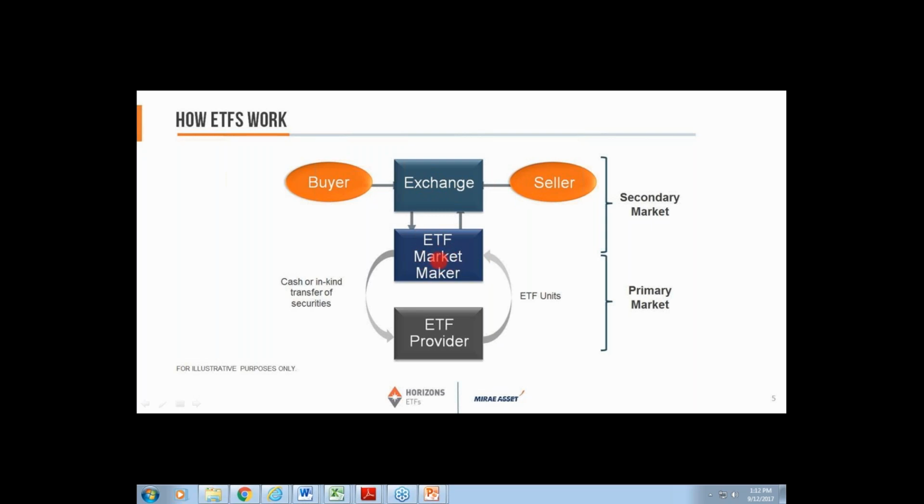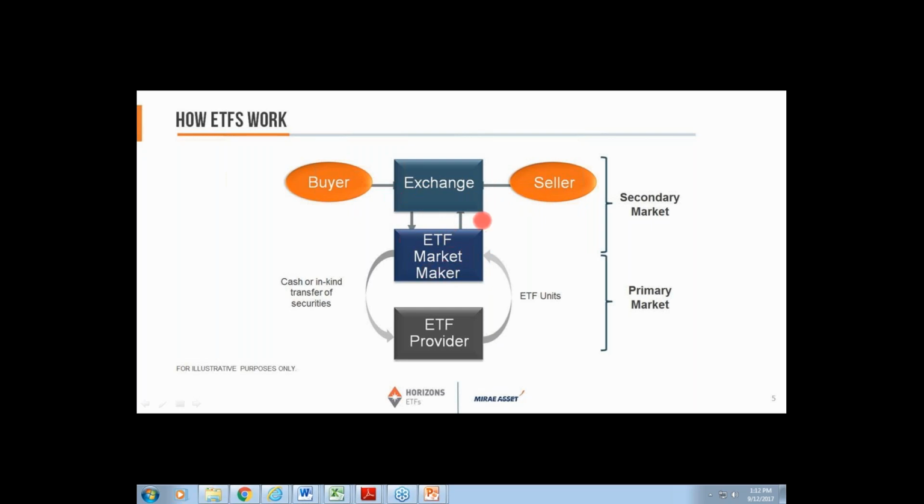And this is a large capital markets group that's at arm's length of the ETF provider. So someone like myself who works for Horizons ETFs, we produce the ETFs and we have them available. The ETF market maker, however, is a large trading group, usually with one of the big 6 banks in Canada. They go and build new units if not enough units exist on the exchange for buyers and sellers, or sometimes these market makers have inventory themselves and exchange directly.